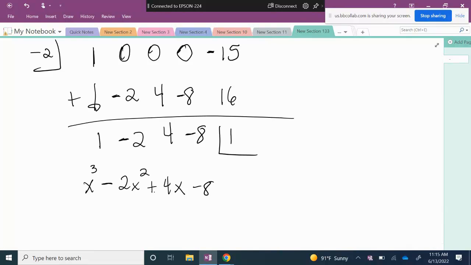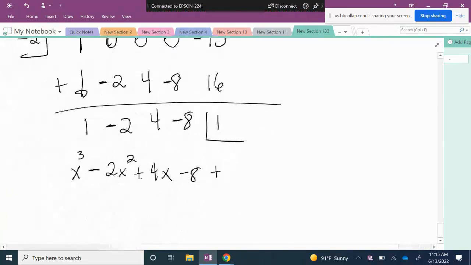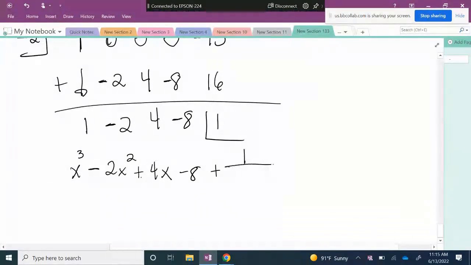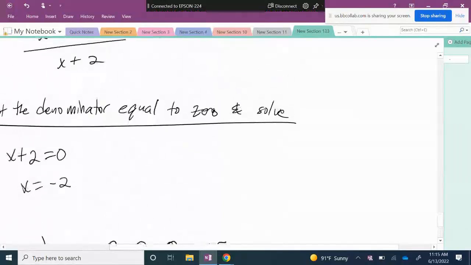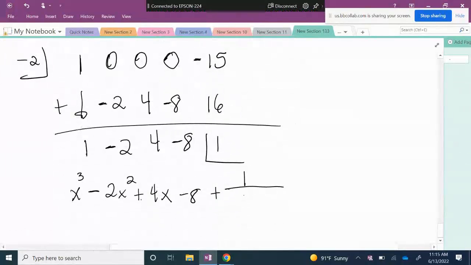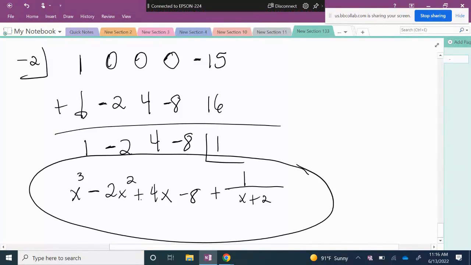And then we have a remainder of positive 1. So we're going to put the remainder over the divisor, which is x plus 2. Right, and this is our quotient.